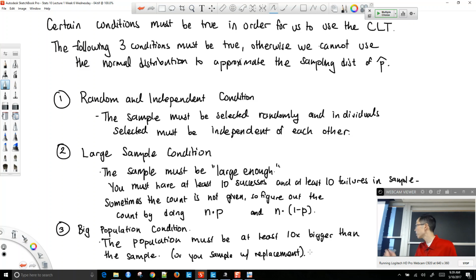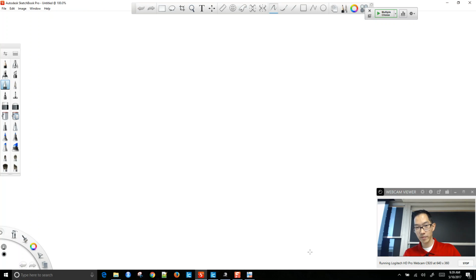Okay, so I'll give you an example here, and your job will be to figure out which, if any, condition has been violated. So again, these are your answer choices. A will be random independent violated.